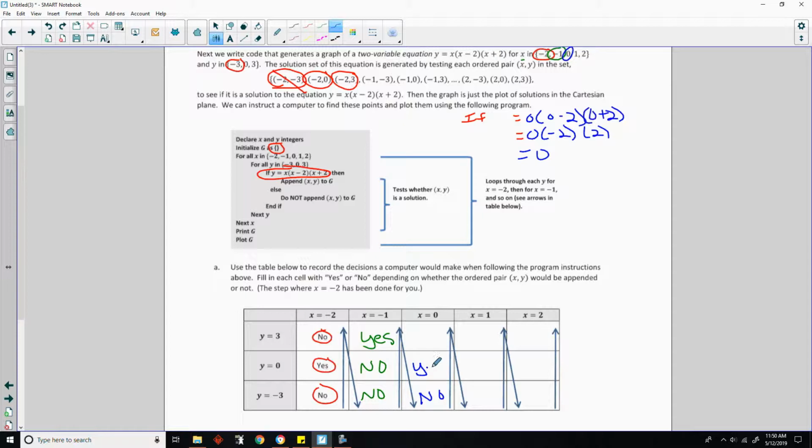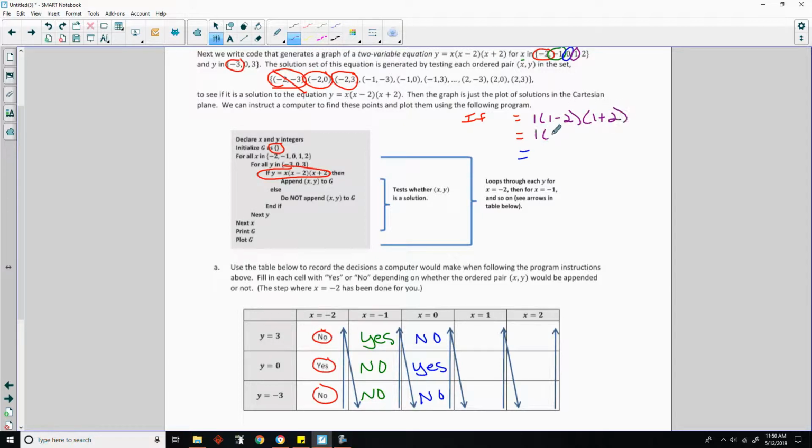Our true was our 0, so 3 is not equal to 0, so this would also be no. Okay, so really once you get the hang of this, it's fairly quick. So now I'll change my colors. I'm now going to work the 1. Plugging it into here, it's 1 times 1 minus 2 times 1 plus 2.